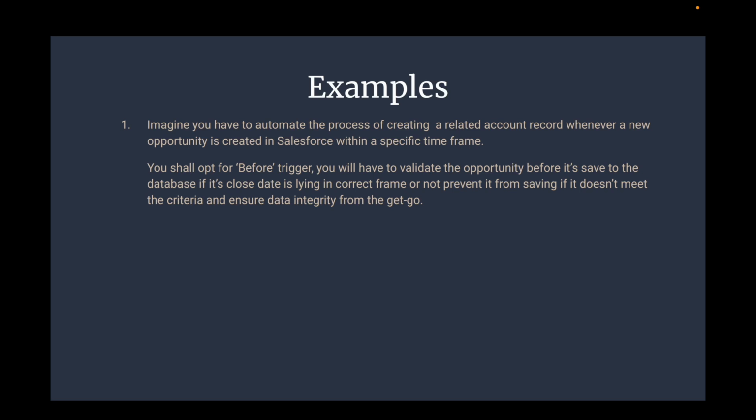So while creating the opportunity, suppose we are having a time frame of 1 year from today's date, but the close date is beyond that 1 year, then we shall not allow the user to create this opportunity itself. So it will throw an error, and we can do it using before trigger.